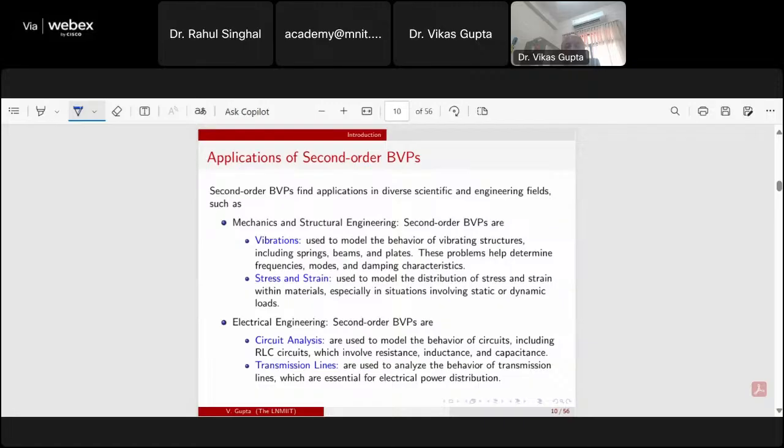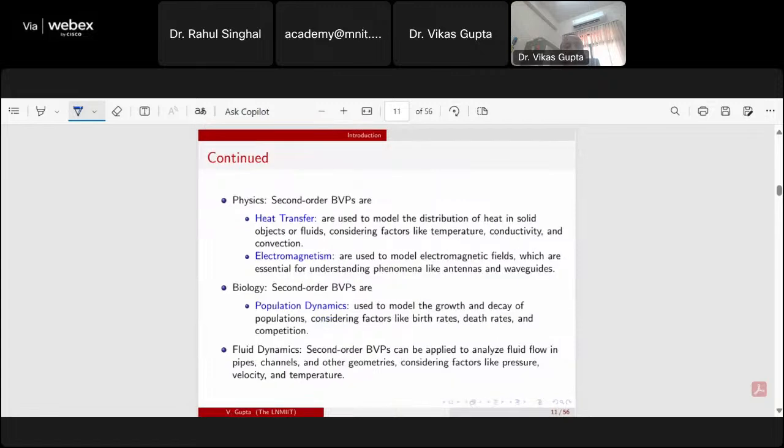Also, they are used to model the distribution of stress and strain within material, especially in situations involving static or dynamic load. In electrical engineering, these boundary value problems are used to model the behavior of circuits and to analyze the behavior of transmission lines. In physics, they are used to model the distribution of heat in solid objects or fluids, considering factors like temperature, conductivity, and convection.